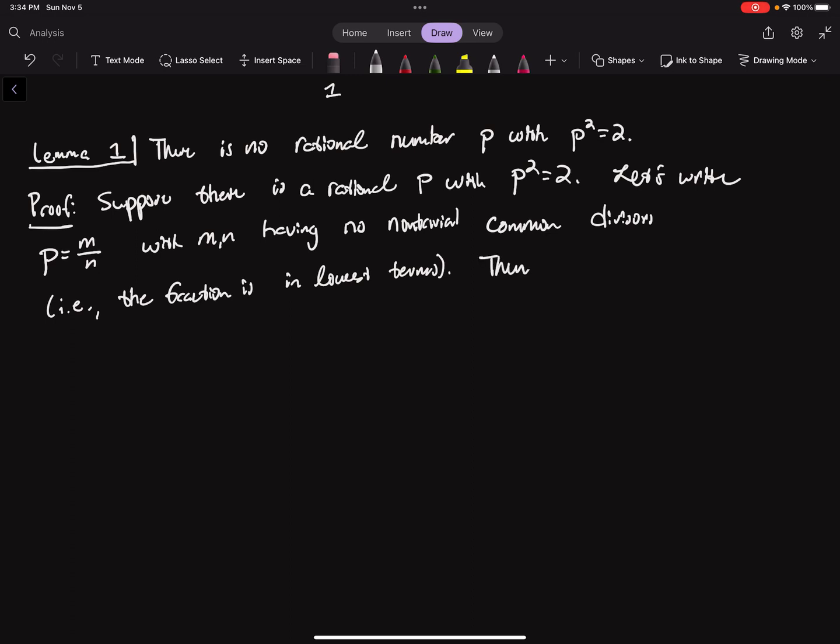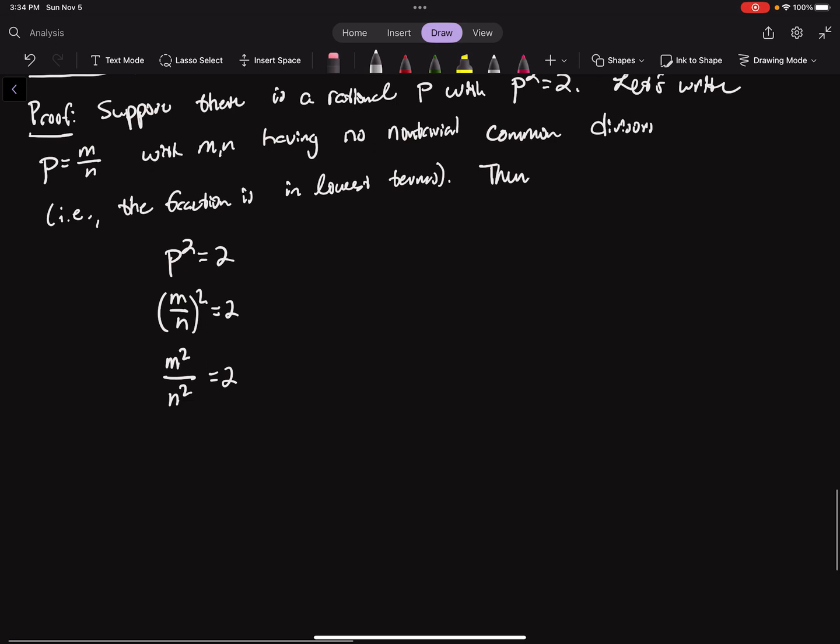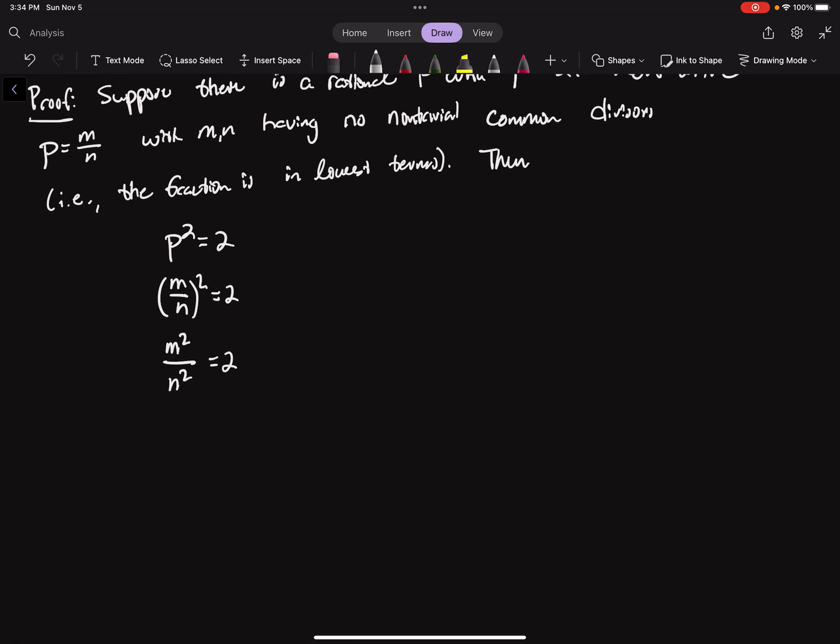Then, well, p squared equals 2. So let's substitute for p, m over n. And then this squared, so we get m squared over n squared equals 2. And multiply through by n squared. M squared equals 2n squared.